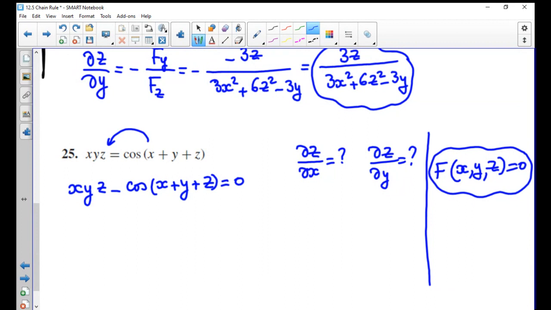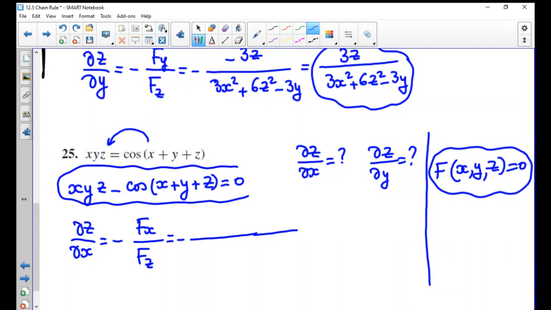Now we can say dz over dx will be minus fx over fz. Now we can find fx, the derivative of this with respect to x.